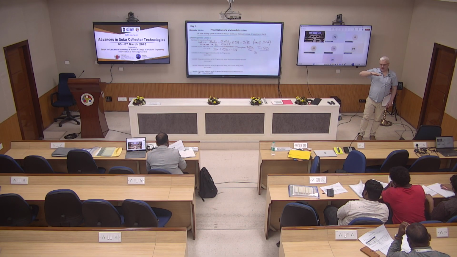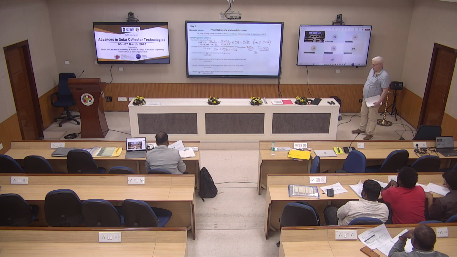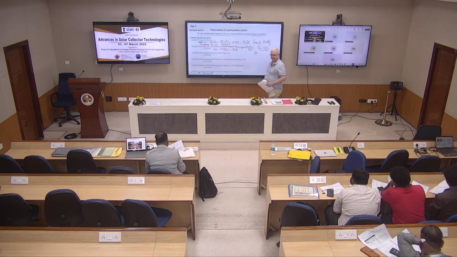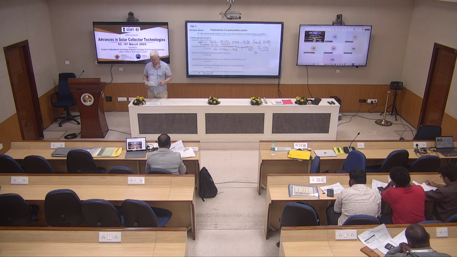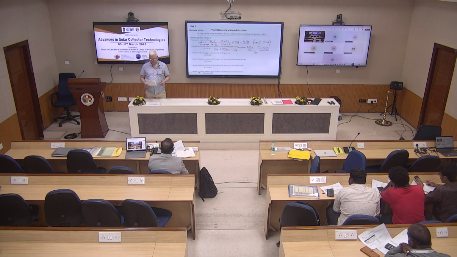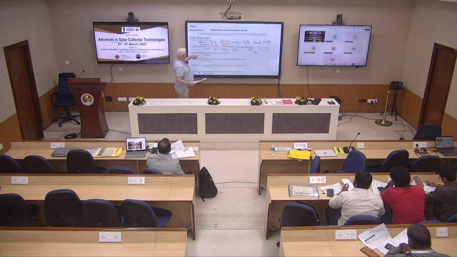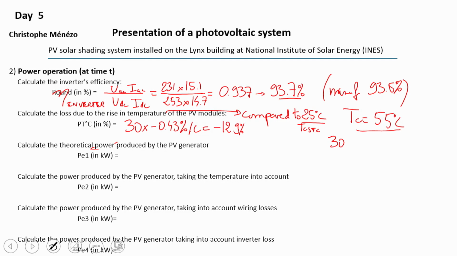But now I start, without any consideration, with what I should expect from my PV central. 68.9%, the theoretical efficiency. No, not theoretical, this is the theoretical power. This is 50601.